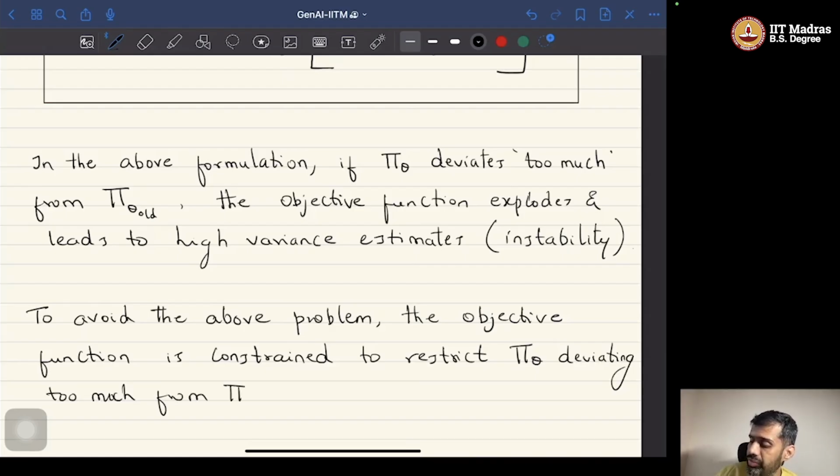So how is this done? Via a distributional divergence metric.